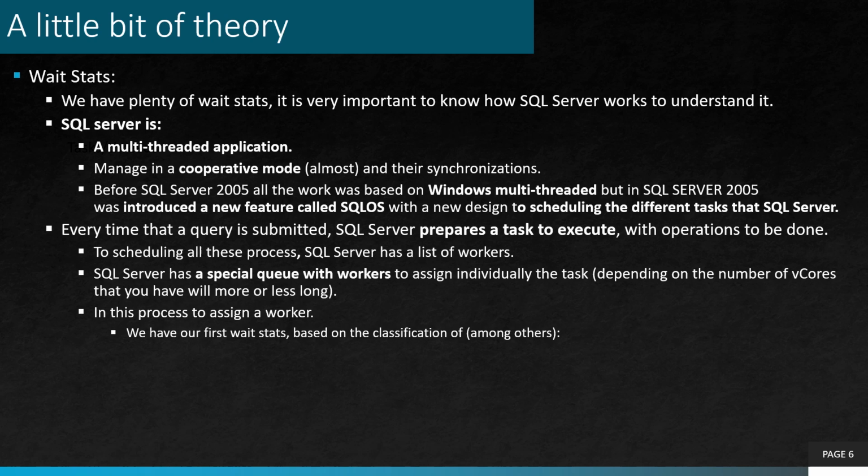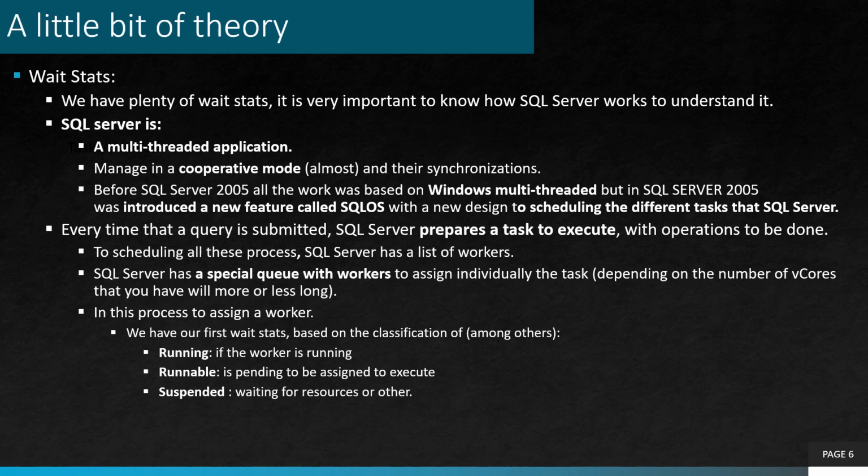Here, the first thing that we need to review is the following. Right now we have three main wait states about the workers: running, runnable, and suspended. Running means that this worker is running, is doing something, so it's using the CPU. Runnable means that the worker is pending for a CPU to be available in order to run.